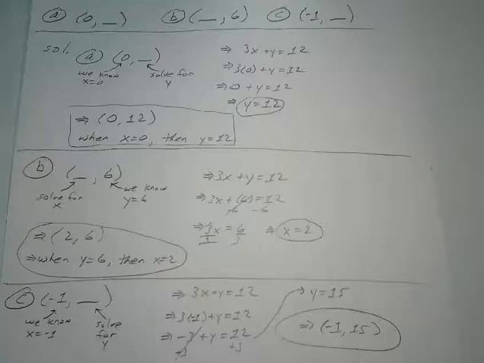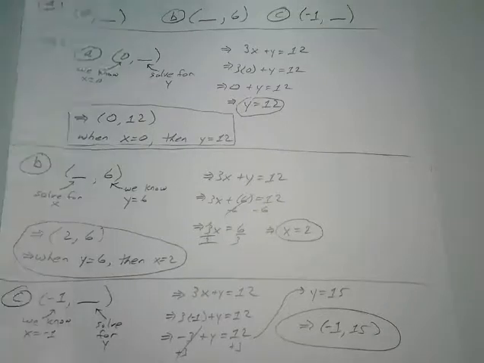Okay, so hopefully ordered pairs are starting to make a little bit of sense. They're pretty straightforward. All right, so we're going to go ahead and go to our next example.